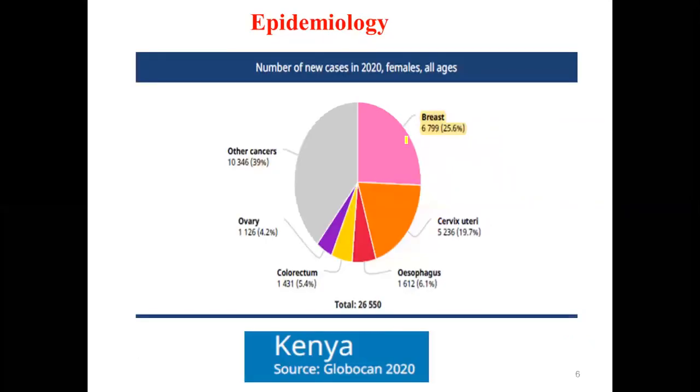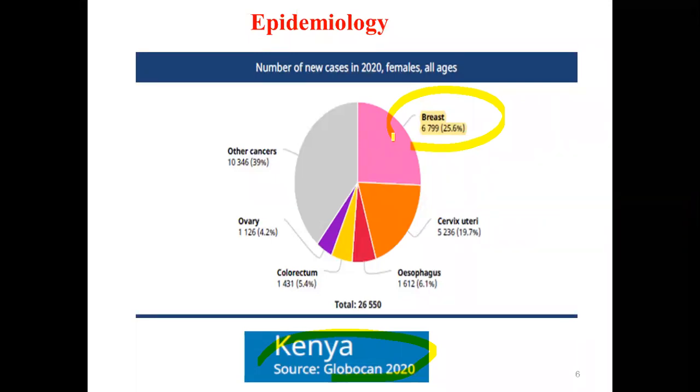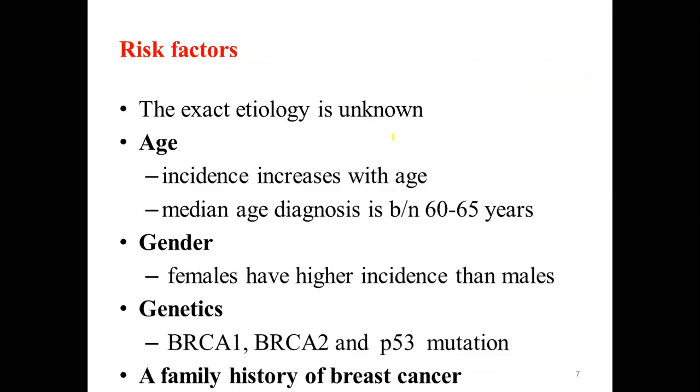Then, when you look at the epidemiology locally, even according to the GLOBOCAN 2020 report in Kenya, breast cancer is still the leading type of cancer in the female population. So that is why we are giving much emphasis to breast cancer.